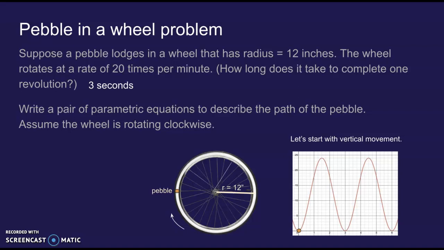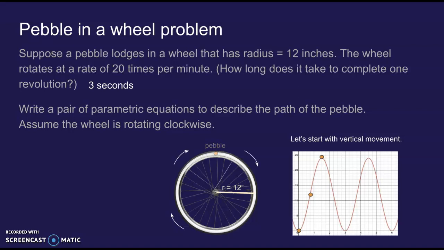So after some period of time, that pebble is halfway up as far as its vertical distance is concerned. And if the radius is 12 inches, it's 12 inches above the ground. Now the wheel continues rotating, the pebble goes with it, and after an equivalent period of time, the pebble's now at the top, and that's going to be 24 inches above the ground.